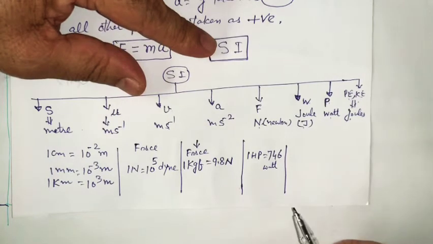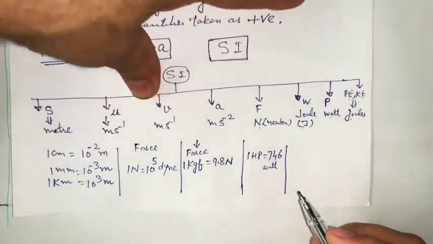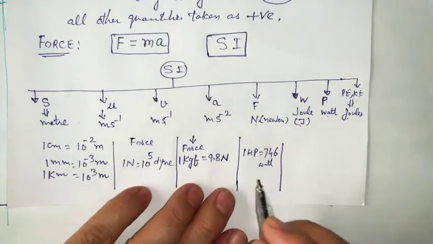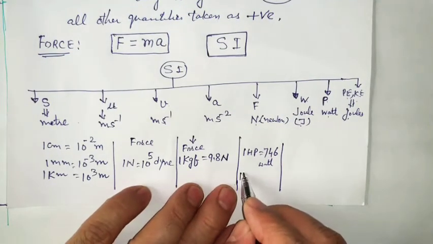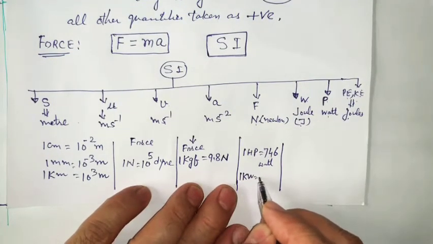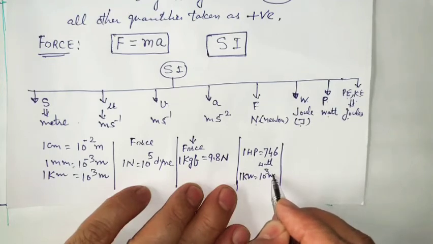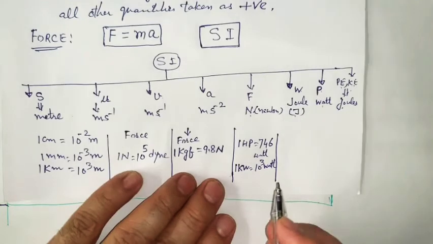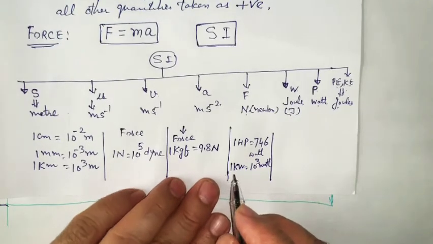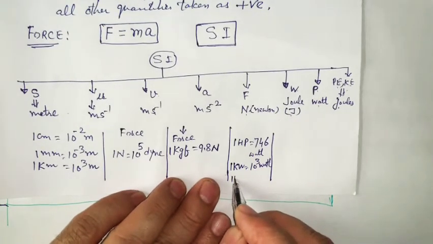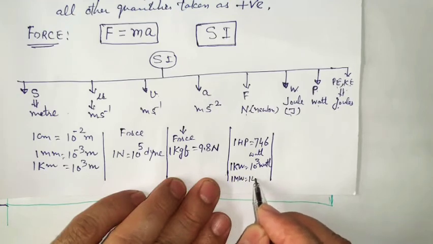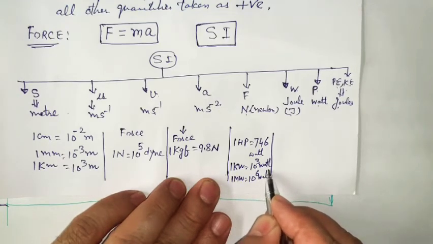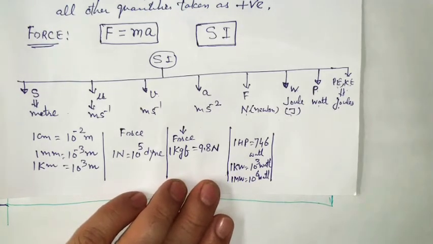You may also put power in kilowatt. So 1 kilowatt is 10 power 3 watt. You have power in megawatt. 1 megawatt, mega means 10 power 6 watt. This is about the power.